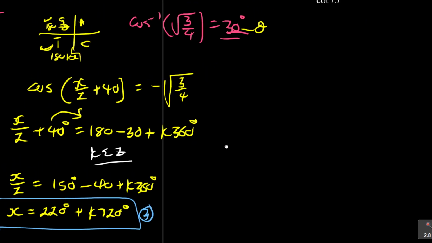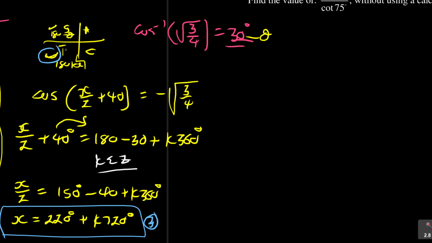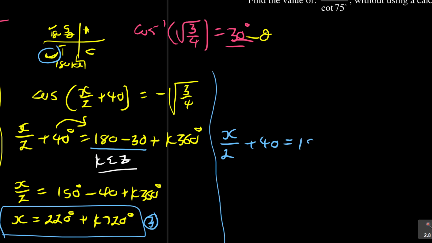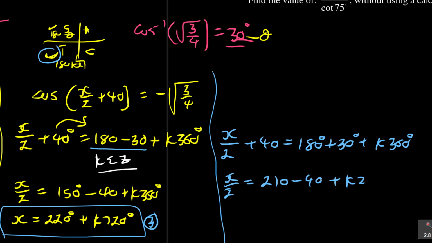Number 4 is on this quadrant, to say x over 2 plus 40 is equal to, now instead of 180 minus, it is 180 degrees plus reference angle, which is 30 degrees, plus k 360. So you've got x over 2 is equal to, so now 180 plus 30, which is 210 minus 40 plus k 360.